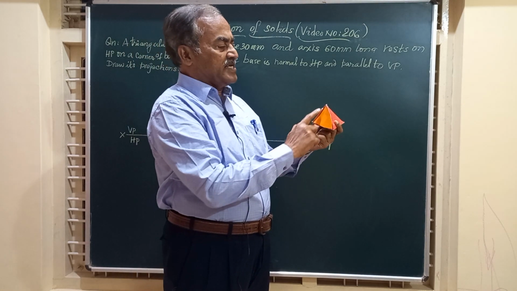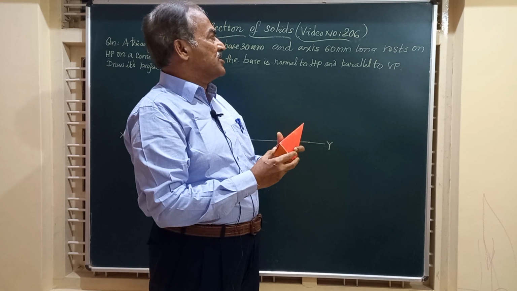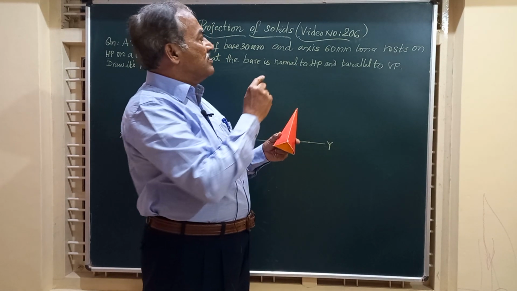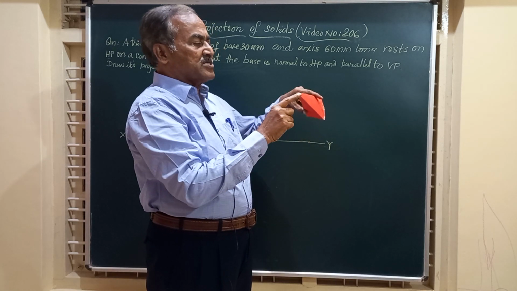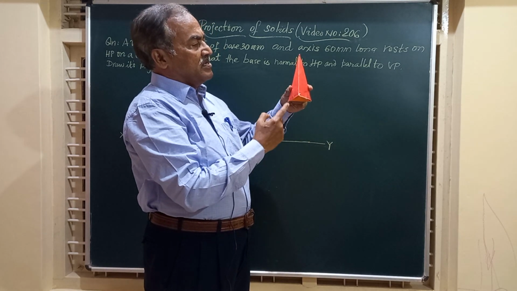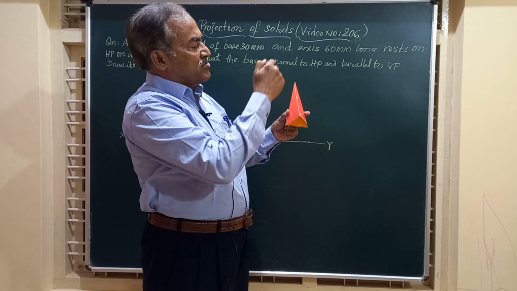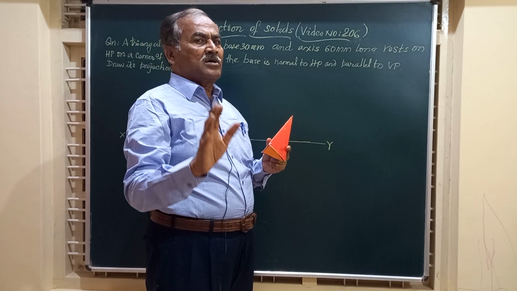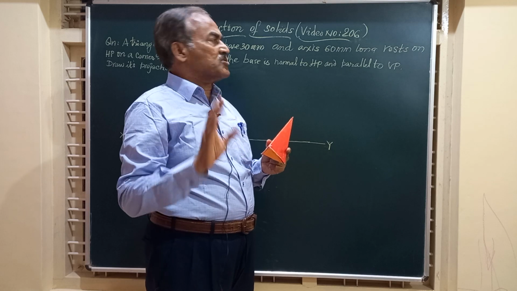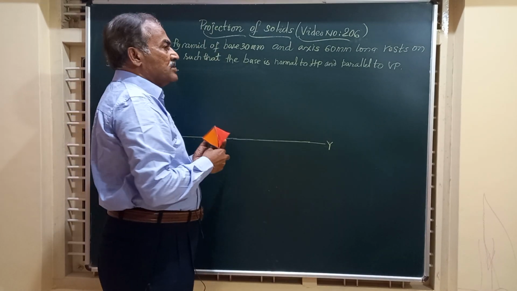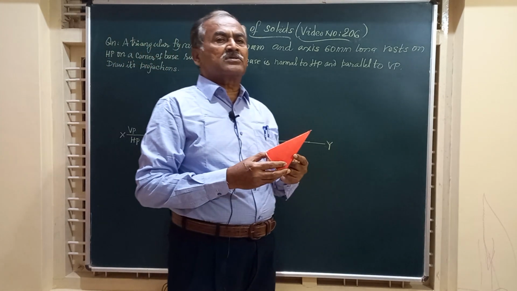All these sides measure 30 millimeter each, and the height of the pyramid is measured from the vertex, the tip of the pyramid, till the center of the bottom face. That's called the height of the solid or length of the axis of the solid. It rests on HP on a corner of base.